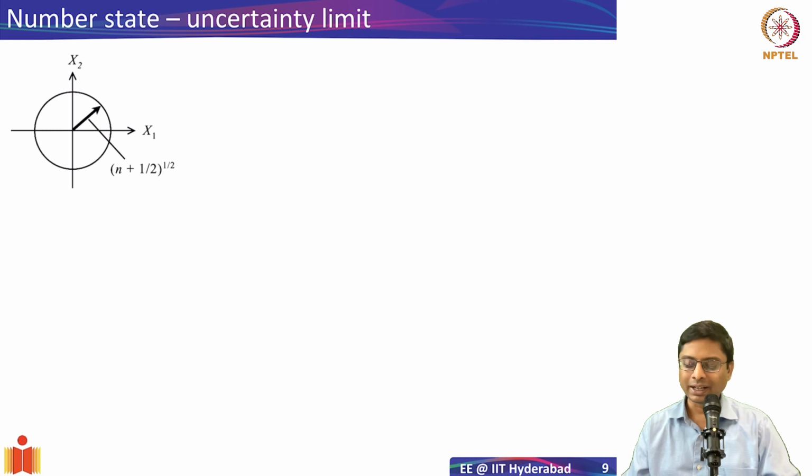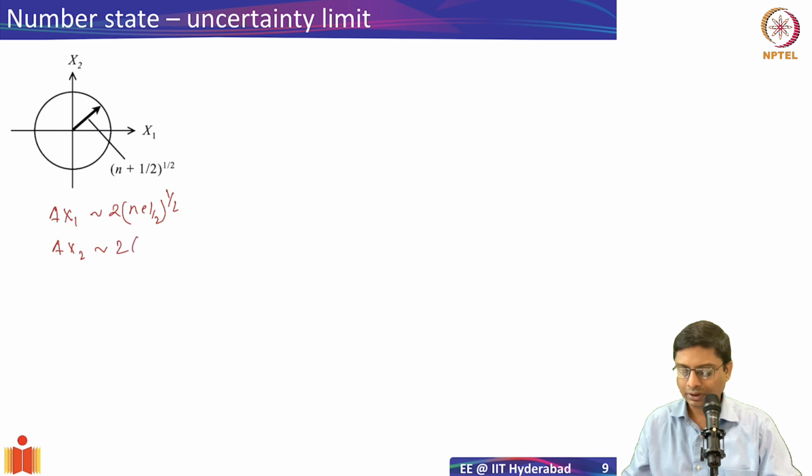And by an approximate argument, by saying that delta x1 can go from here to here, we said delta x1 is of the order of twice n plus half, whole to the power of half. And then delta x2 is similar, also of a similar order, n plus half. Yeah, okay. But this is not precise, because we are saying only approximately this much.